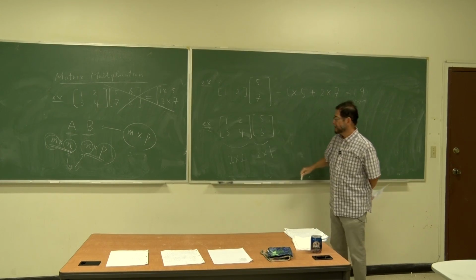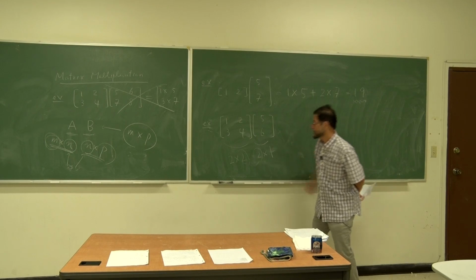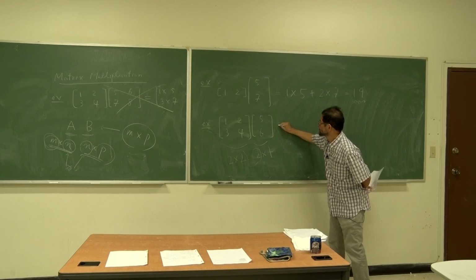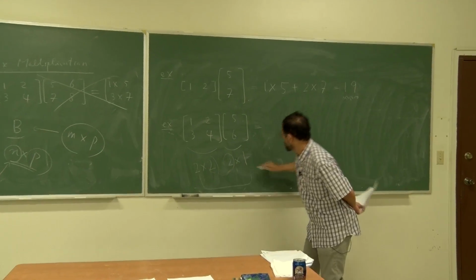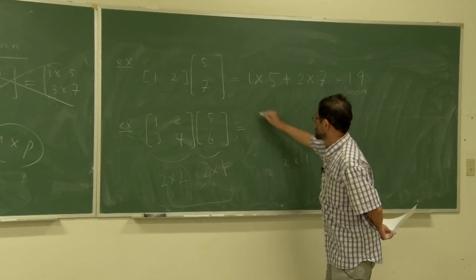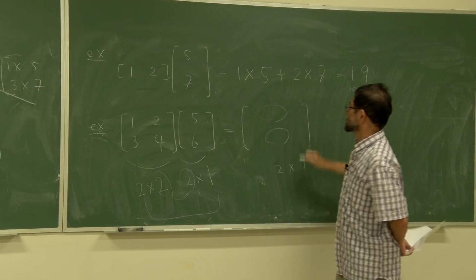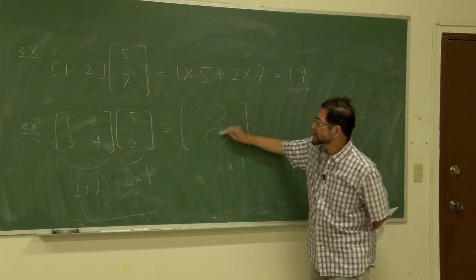Then you always have to check the matching: 2 and 2 are the same, so you can multiply these two. Now the result is 2 by 1, the two numbers, so it looks like this.